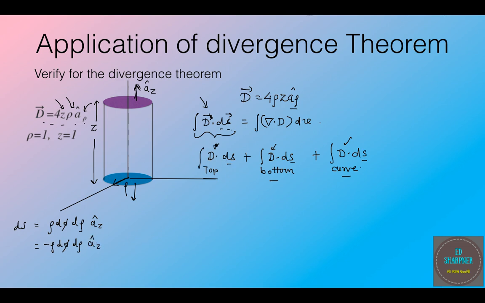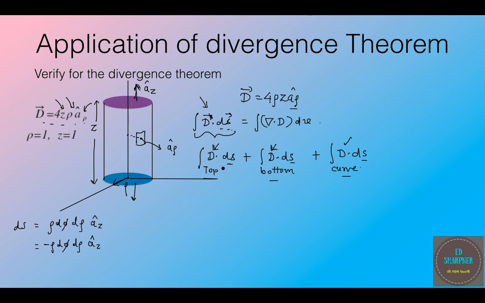Now we know that D is given as 4z rho a rho cap. A rho cap is in this direction. Let me show you that. So this is an elemental surface area on a curved surface, and this is the a rho direction, or the direction along the radius. So this is rho, and in the same direction you extend a rho cap.